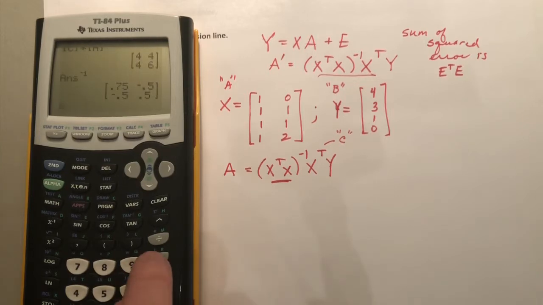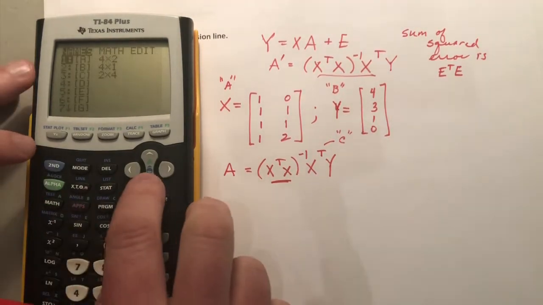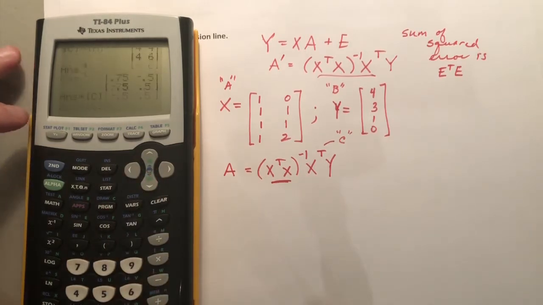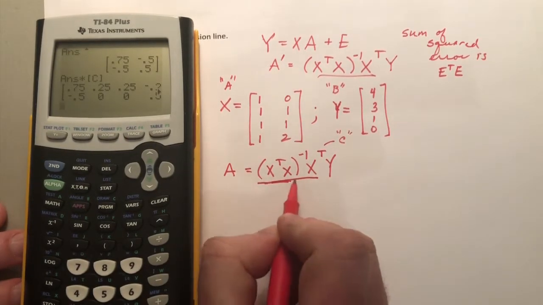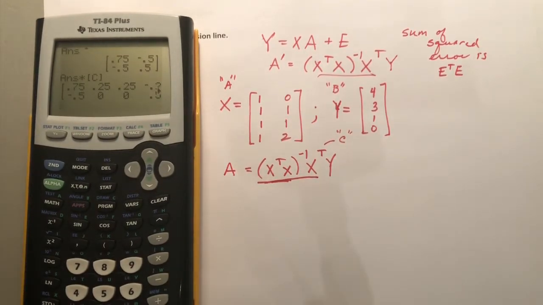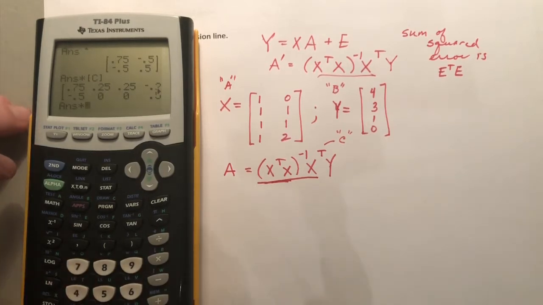Now I'm going to multiply that by X transpose, which in our calculator is really C. And I get this ugly mess. I'm not even going to deal with that because I've done everything up to here so far. I just have to multiply what I got, the answer, by Y, which remember was B.